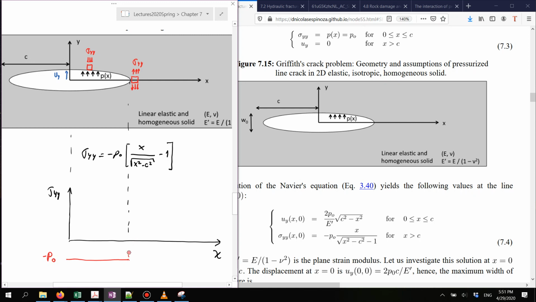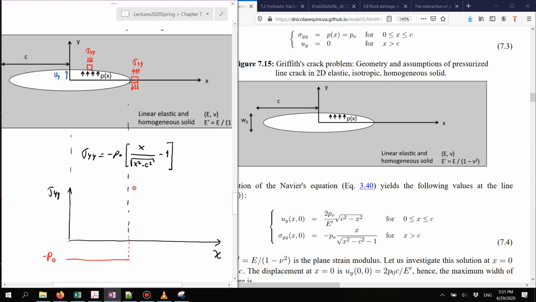And at the fracture tip, this goes into a tension value, which is in this case infinity. I'm assuming that the tension is positive, that it will tend to infinity.